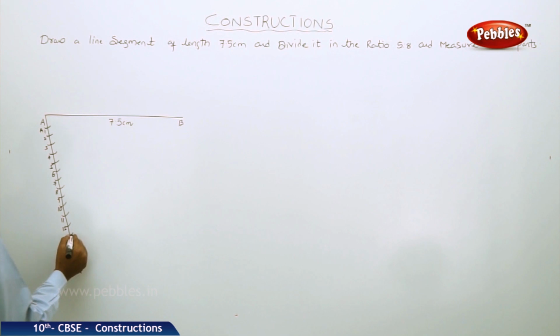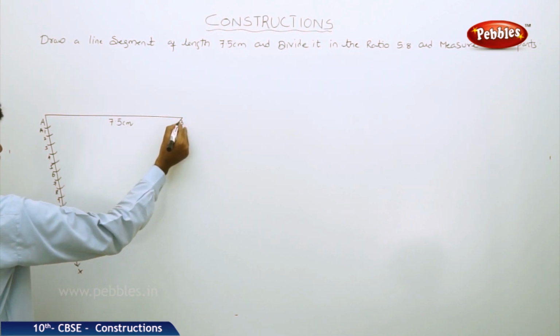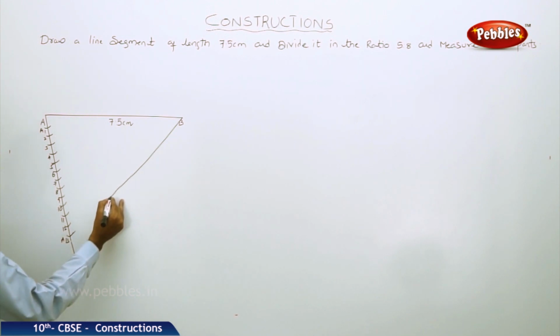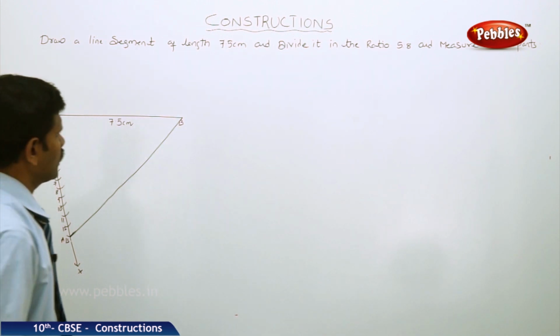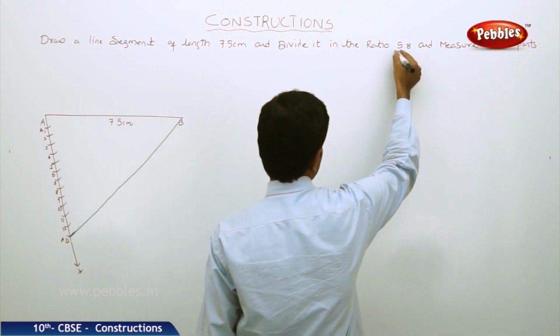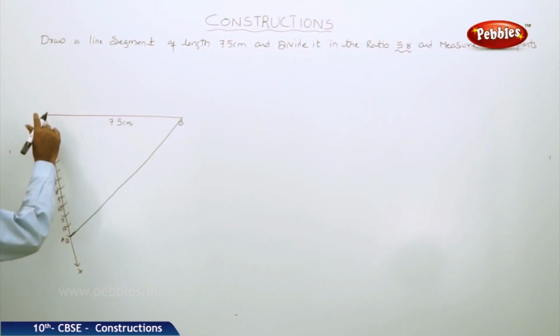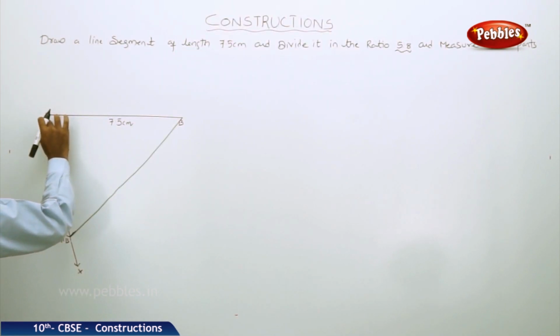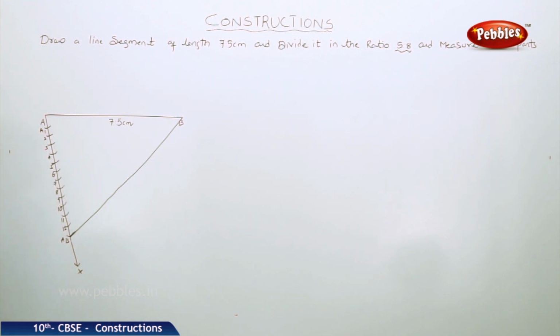Now join BA13. In the ratio the first part is 5, so take 5 divisions: 1, 2, 3, 4, 5.